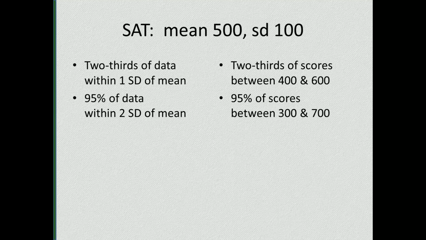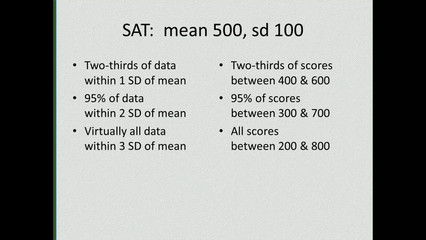Of the remaining 5%, half of them will be down below the 300, i.e. 2.5% of the population, and the other top 2.5% of the population will be up here above 700. If you score 700 or better, you're doing very well, top 2%. Virtually all the data lie within 3 standard deviations, that is 200 to 800.